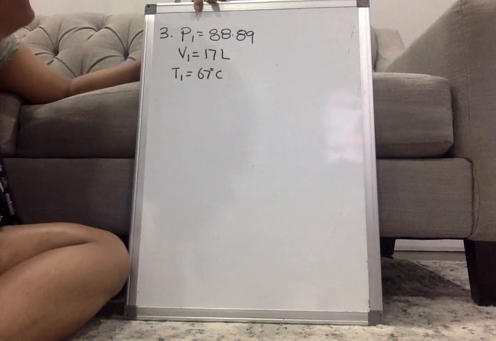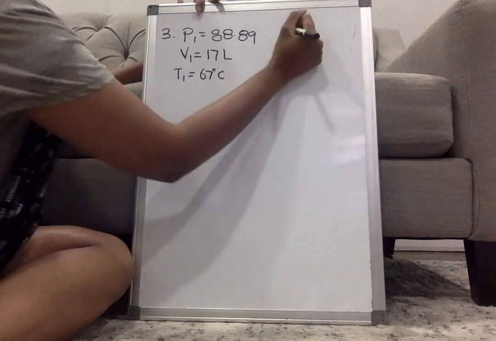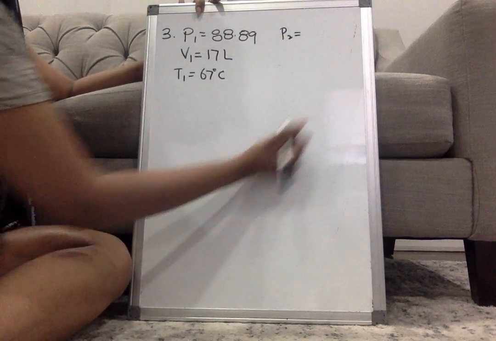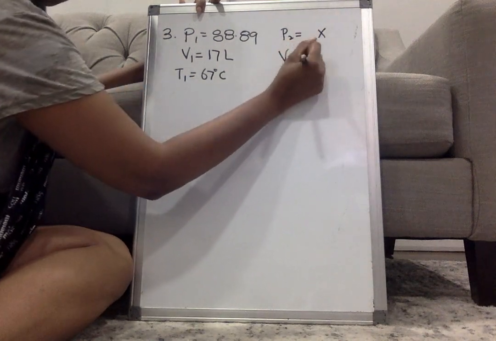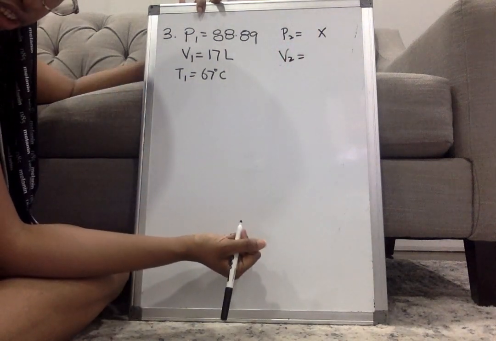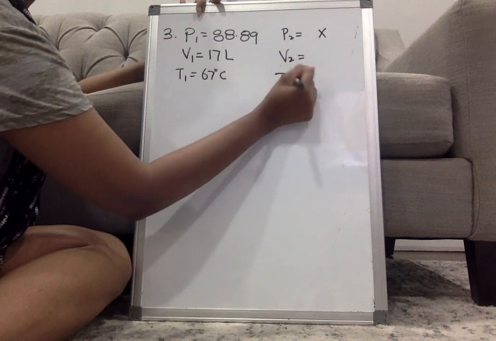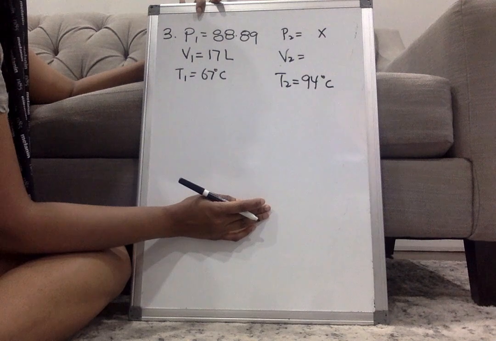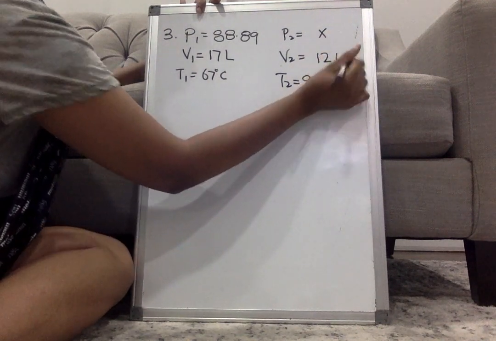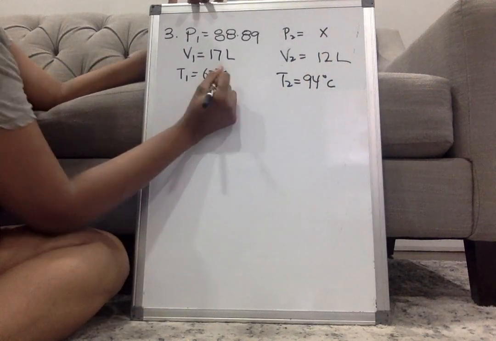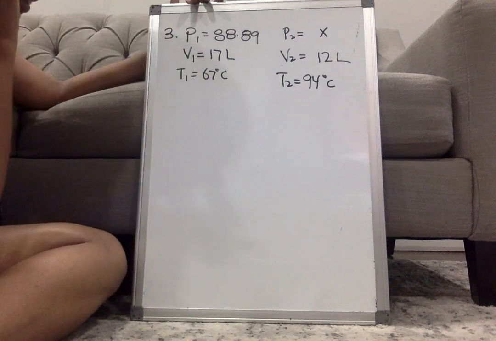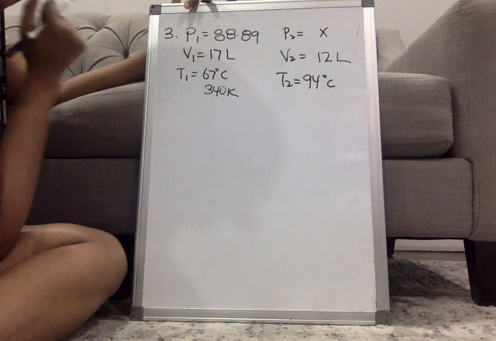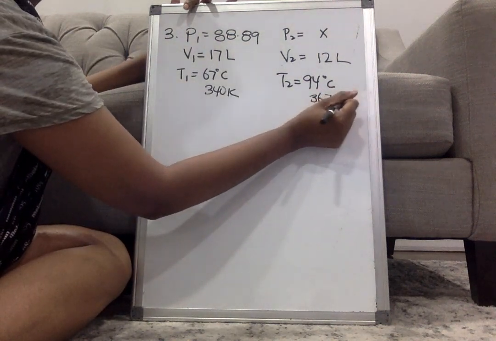And now the question says, what would the pressure, so P2, be? So that's X. If I increase the temperature to 94 degrees Celsius, and I decrease the volume to 12 liters, okay? So 67 degrees Celsius is 340 Kelvin, and 94 degrees Celsius is 367 Kelvin.